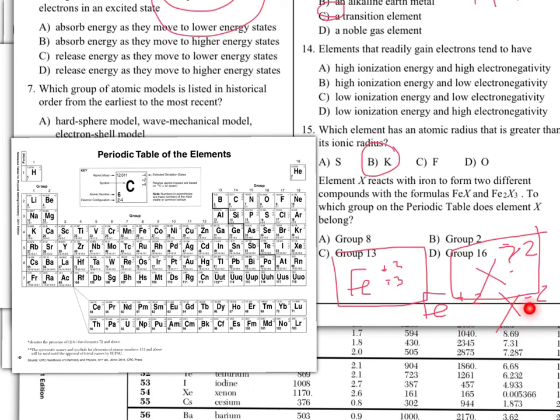So now we have to find which group on the periodic table tends to have elements with an oxidation state of -2. Remember that when forming compounds, you have to have 1 positive and 1 negative because opposites attract. So looking here, we can see that elements in group 16 have an oxidation state of -2.